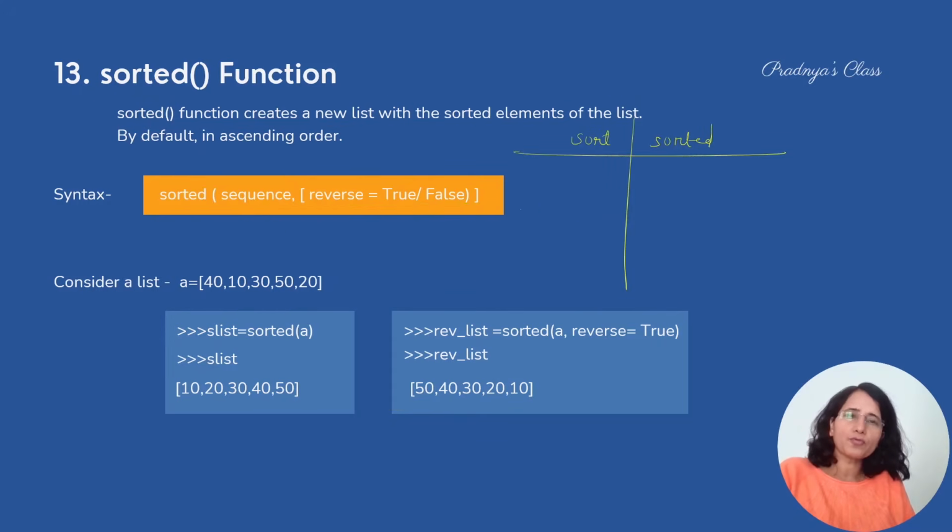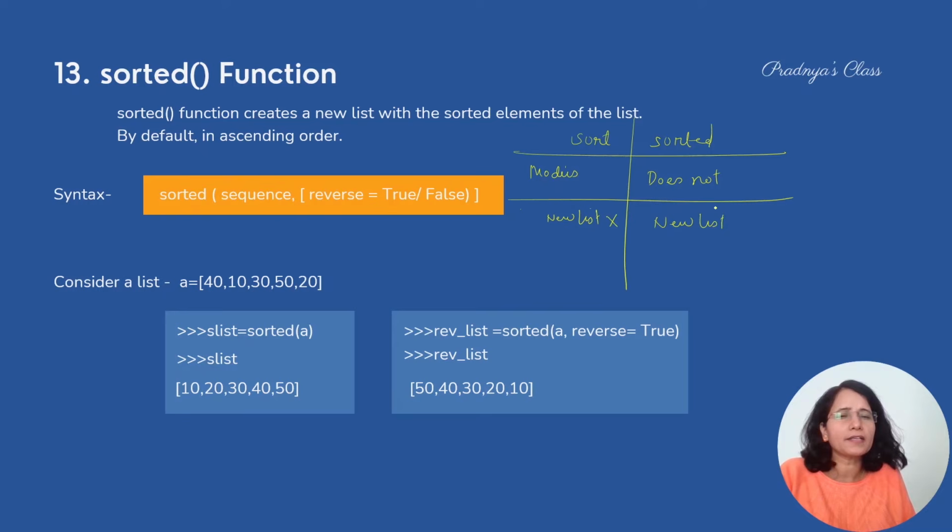There are two ways to sort the elements of the list, by using the sort method or by using the sorted function. So what's the difference between these? Sort method modifies the original list and the sorted function does not modify the original list. And the second difference is that the sort method does not create a new list, but here a new list will get created.